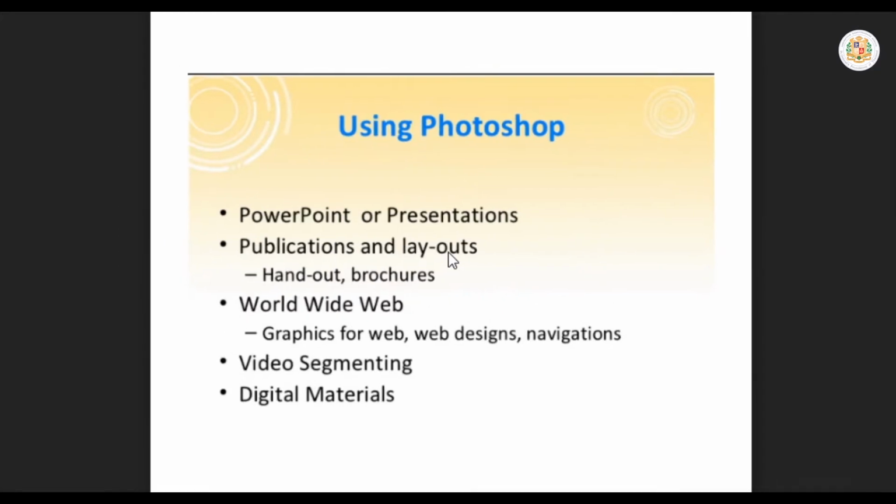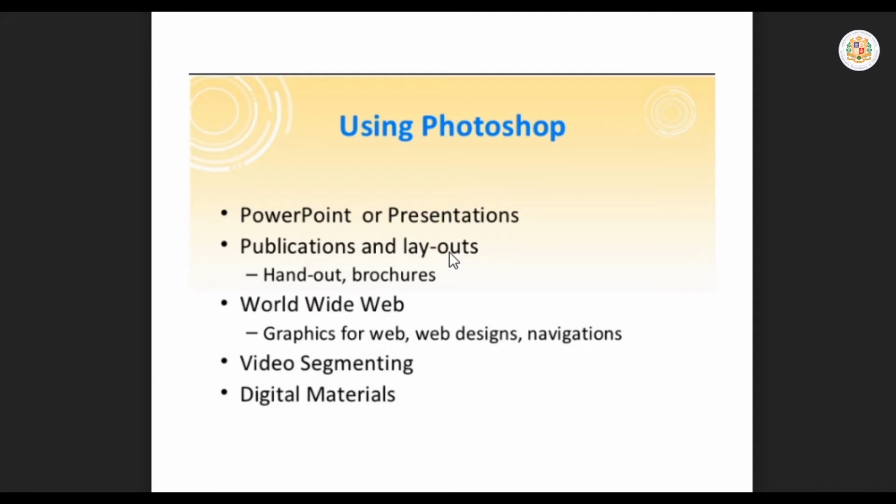Now, the question is where you can use Photoshop. Number one, you can use it for your PowerPoint or presentations. Number two, publications and layouts, like handouts and brochures. It can be used as well for the World Wide Web, such as graphics for web designs and navigation.